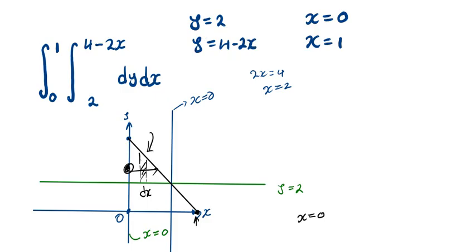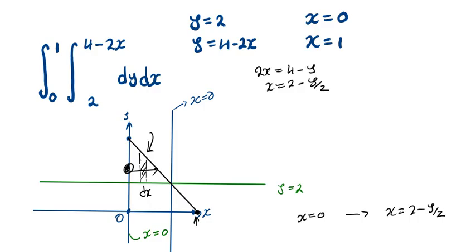One thing you also have to take into consideration is that since this line is y equals 4 minus 2x, and you're writing this in terms of x, you have to make x the subject of the formula. So 2x equals 4 minus y. You can divide both sides by 2, so x is equal to 4 divided by 2, which is 2, minus y over 2. So the furthest you are going is x equals 2 minus y over 2, like that.